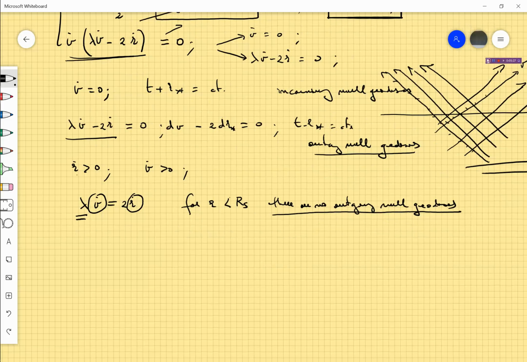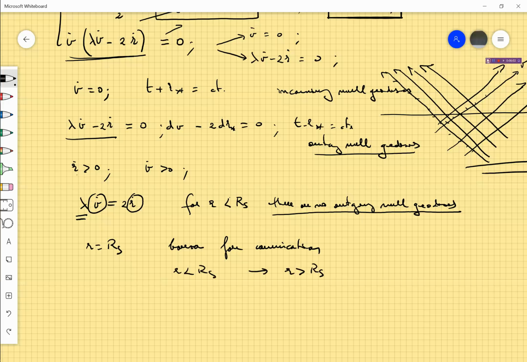If we let theta and phi vary, you get exactly the same result, that it is impossible to have outgoing null geodesics, and it also happens for time-like geodesics. So r equal to rs is a sort of barrier for communication, always in the direction from r smaller than rs to the asymptotic region where observers are.